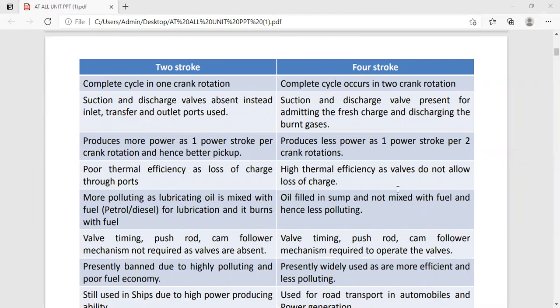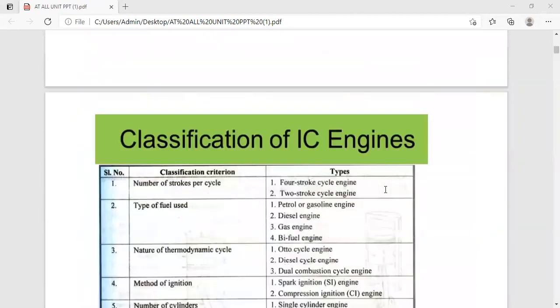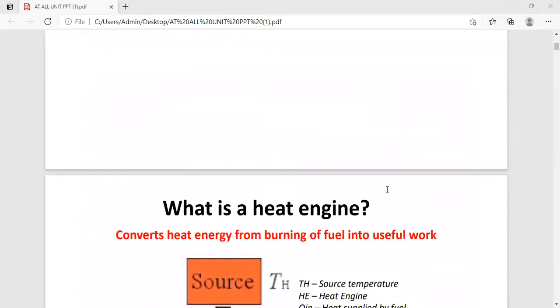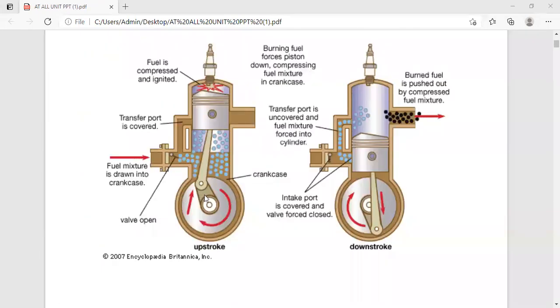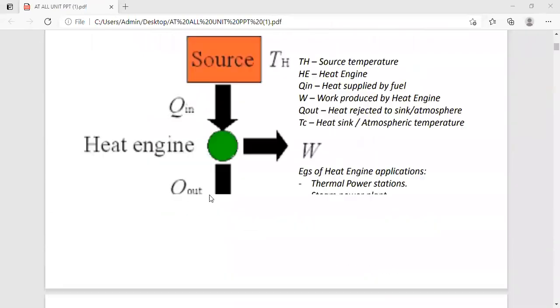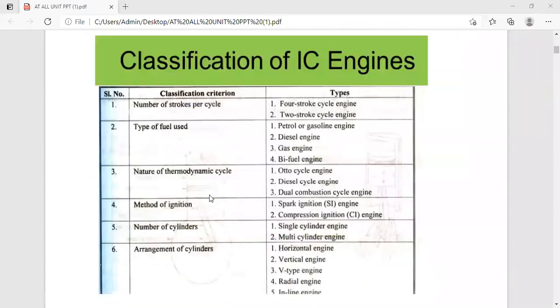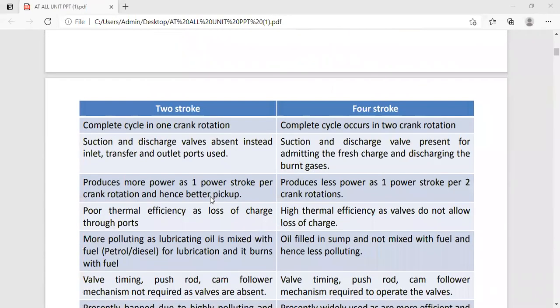First point, complete cycle in one crank revolution. We have seen this in brief for the 2-stroke cycle. One complete revolution, one crank rotation, gives you the complete cycle in case of the 2-stroke.